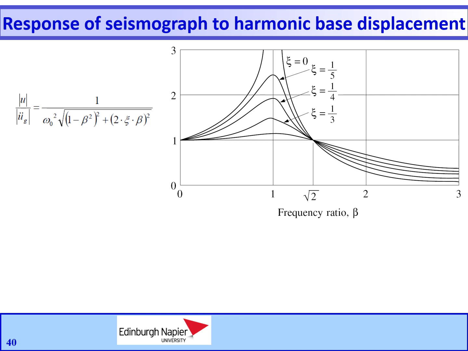The recorded u as a function of t is the base acceleration modified by a factor dependent on the ratio of the dynamic response factor, as expressed in terms of displacements, over the natural frequency squared. And that is recorded with a time lag of the phase angle over the forcing frequency.